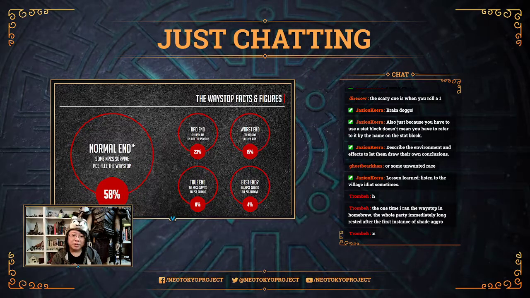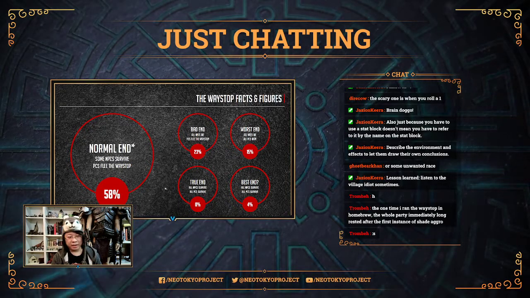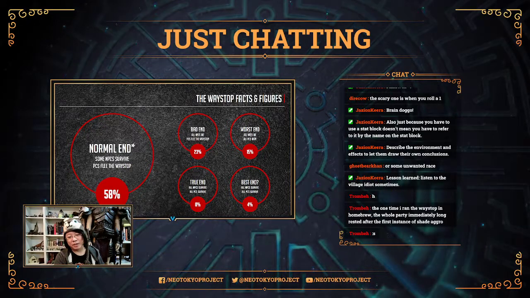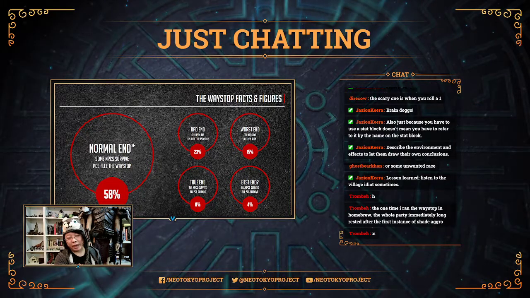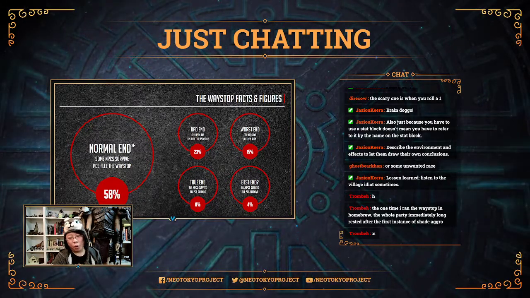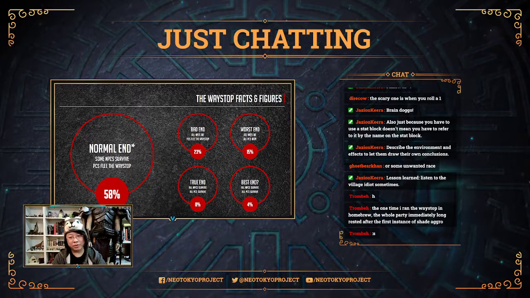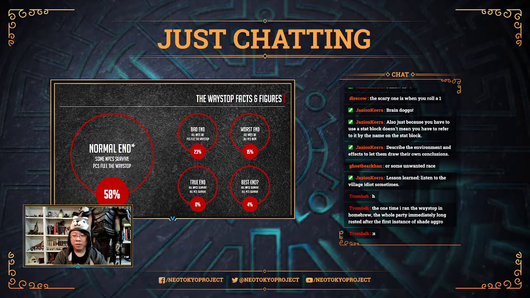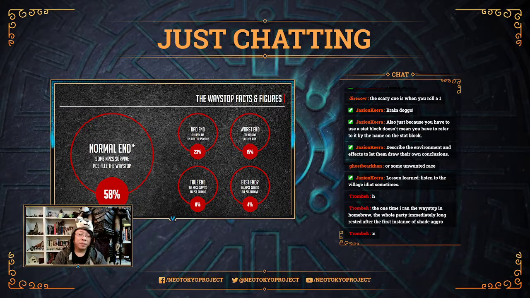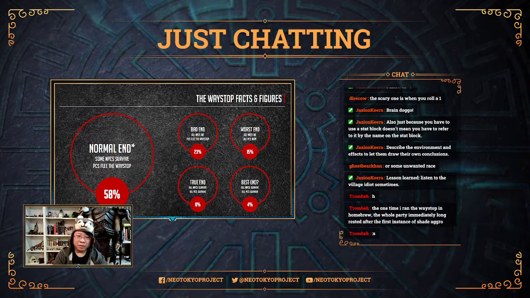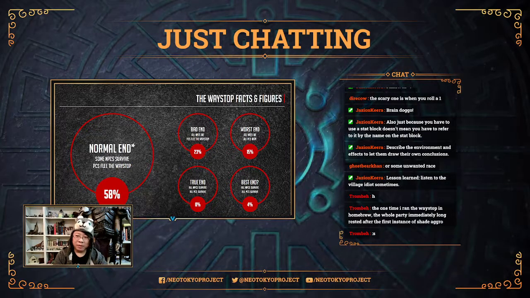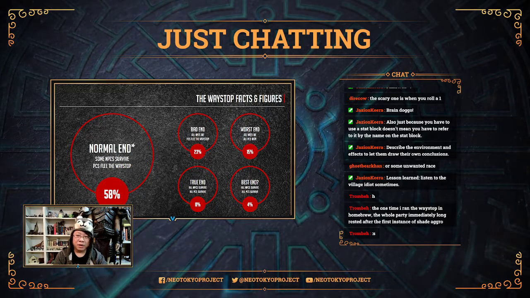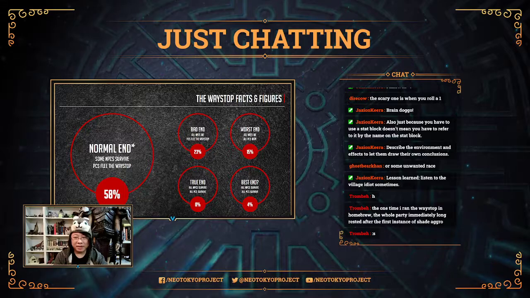And there is one very specific way to play the Waystop, and I have never seen anyone manage this because it takes a lot of resources and a lot of effort to make this happen, where you have all the NPCs survive, all the player characters survive, and you also manage to remove the Intellect Devourer from Eliza and restore her to her original state.